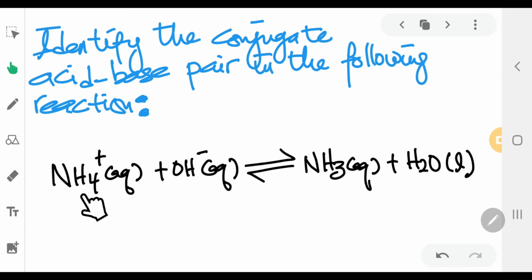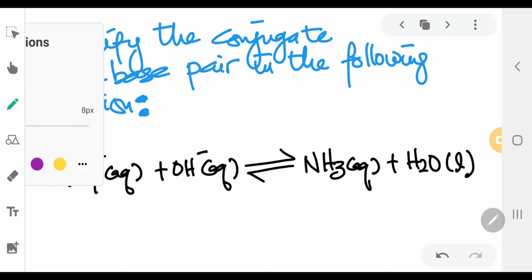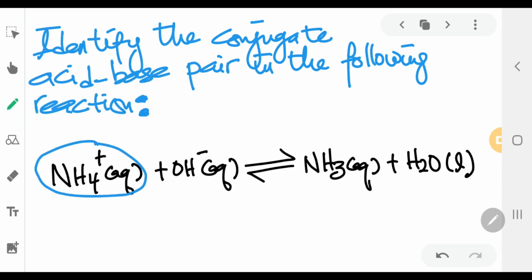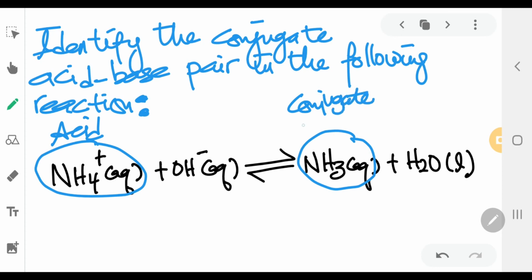In the beginning, you have 4 H, and then after the reaction moves forward, the NH4 plus will lose one of the H to become NH3. Therefore, what can we conclude? This is going to be your acid, and the pair right here would be your conjugate base.